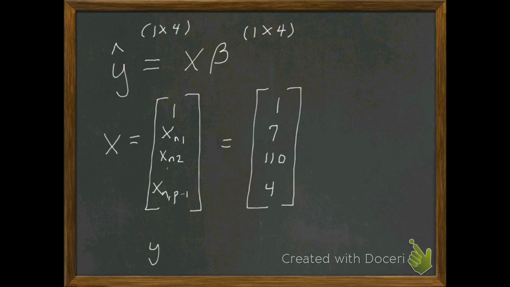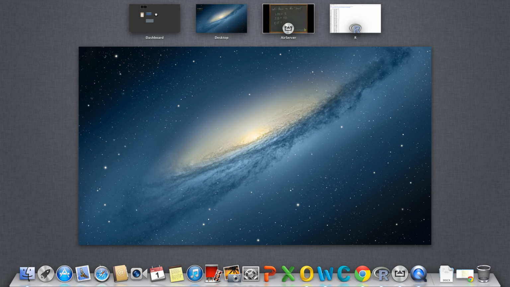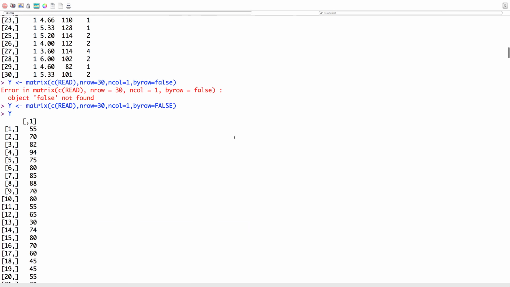So what we're going to have to do is take x transpose, which makes this a 4 by 1, times beta. Yes. All right. So let's get back into R.